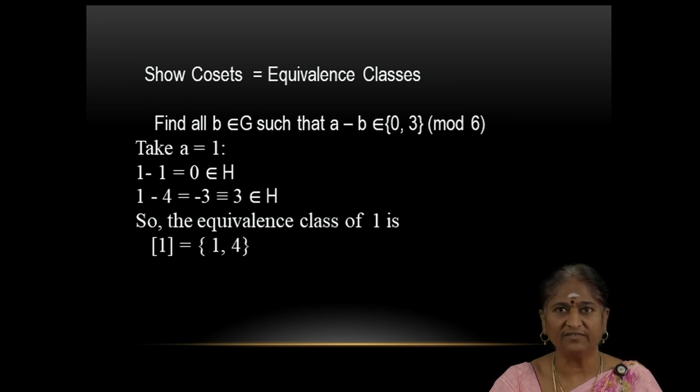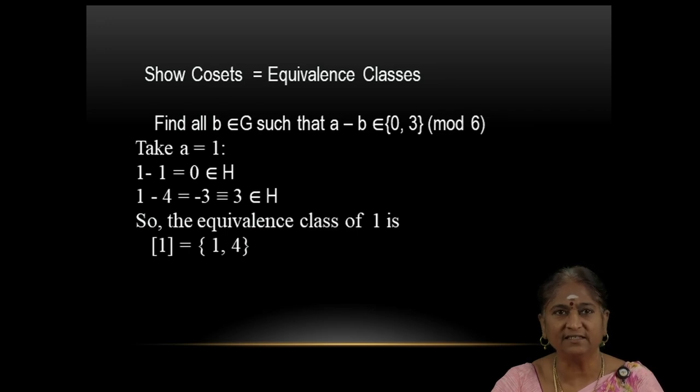We already know the definition of congruence mod H, that is a congruent to b mod H if ab inverse belongs to H, which is equivalent to aH equals bH. To find the equivalence classes of the group, we have to find all elements b belonging to G such that a minus b belongs to the subgroup H consisting of 0, 3 mod 6.